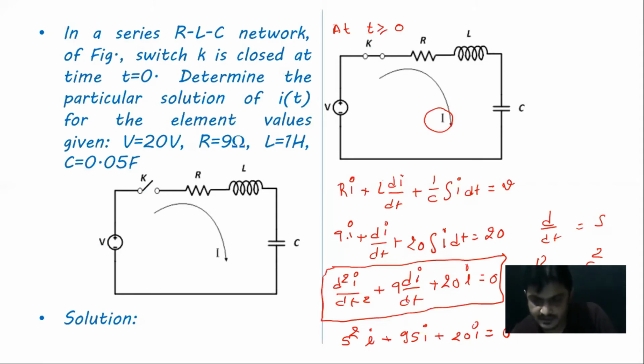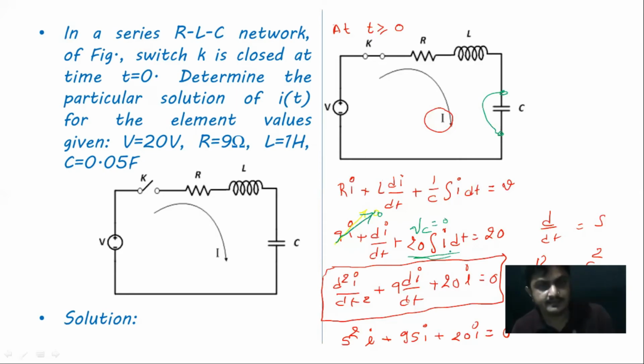So when the current is 0, this quantity 9 into I is going to be 0. What about this 20 into integration I dt? This term represents the capacitor voltage Vc, and that also turns out to be 0, because at the initial condition the capacitor behaves as a short circuit. So this term, 20 into integration I dt, is also equal to 0.